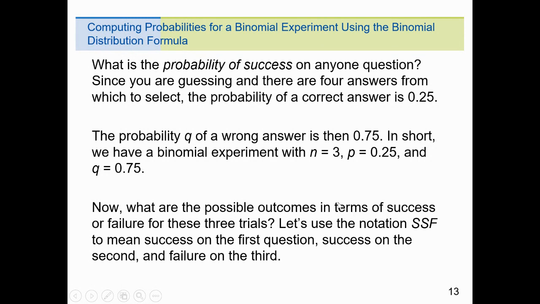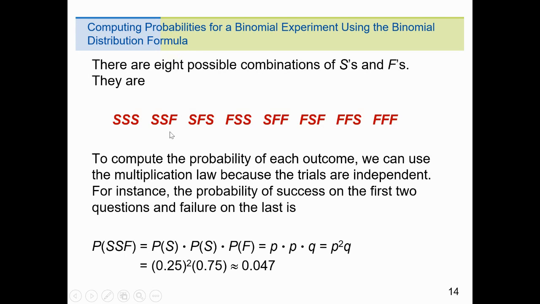Now, what are the possible outcomes in terms of successes or failures for these 3 trials? Let's use SSF to mean success on the first question, success on the second, and failure on the third. There are 8 possible combinations of S's and F's.